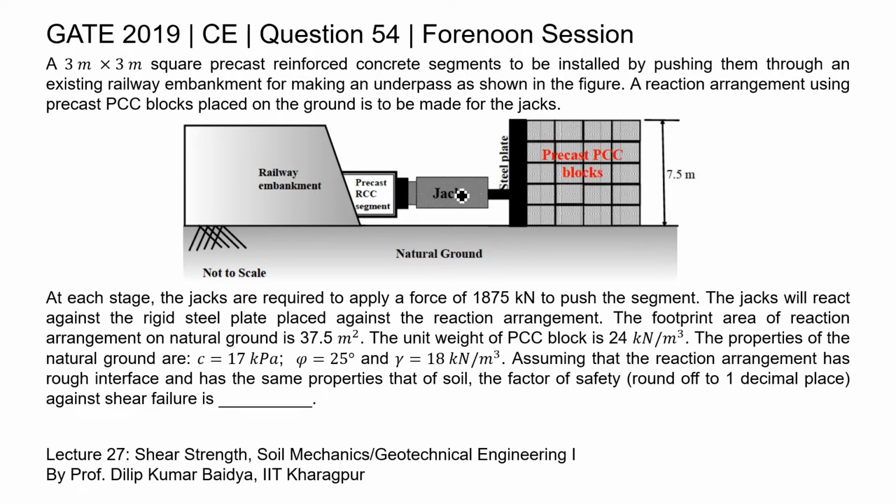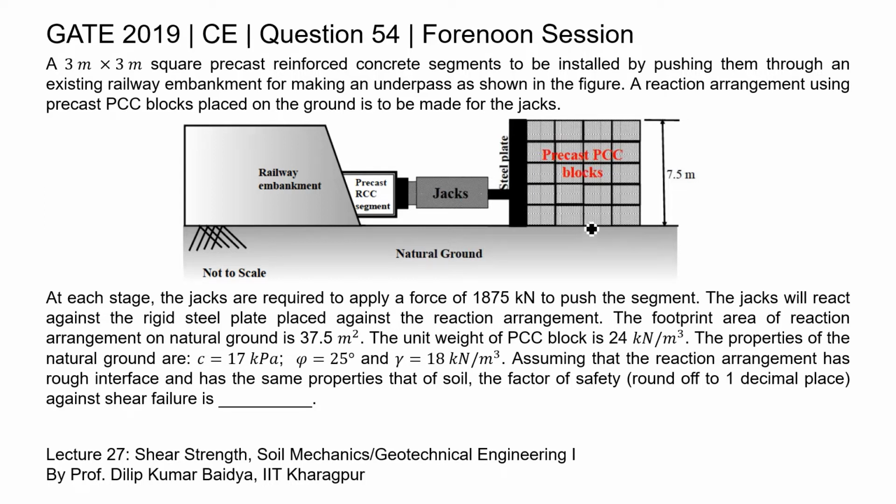Now, since this jack applies a force on this RCC segment, a reaction will be developed on this jack and that reaction will be transferred through this precast PCC block, through this steel plate. So, since a reaction is developed on this PCC block, a shear resistance is developed between this natural ground and PCC block.